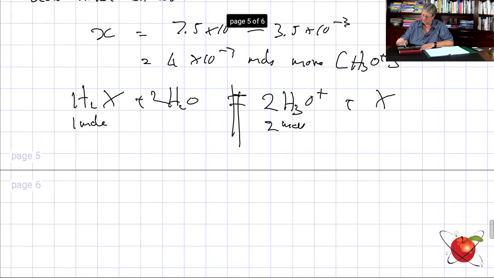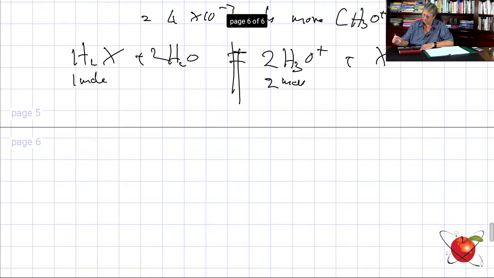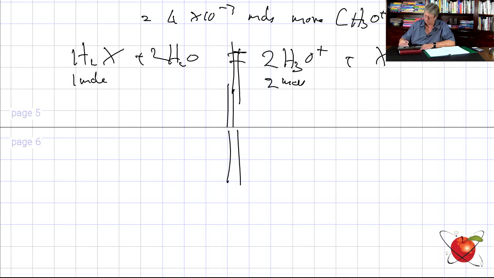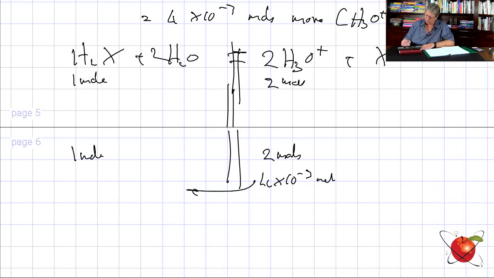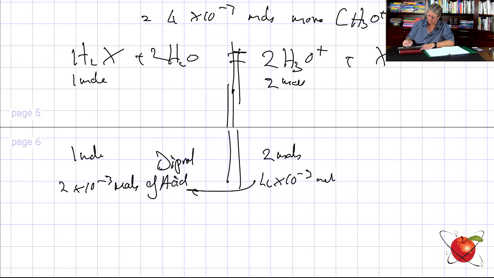I need 1 mole of that to give me 2 moles of this. They've already told me that's 4 × 10^-3 moles. Therefore, I need 2 × 10^-3 moles of the acid, the diprotic, because it splits 1 to 2.